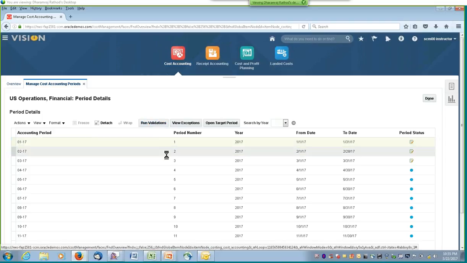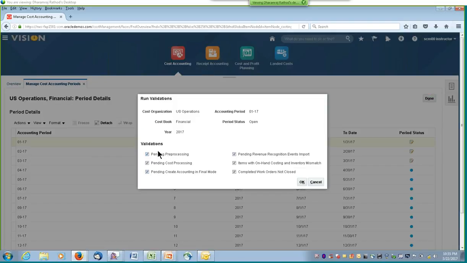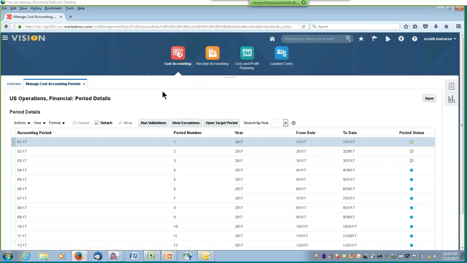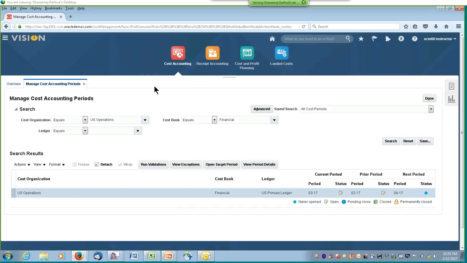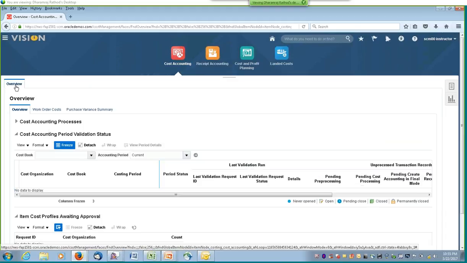Yes. So I'll say run validations. When I run the validations, it will ask me for all of this I would like to run. Let's say okay. And if you go back to the overview page, you will be able to see the status of that run. So click on this button and you will be able to see.